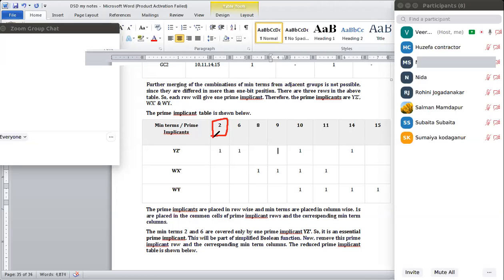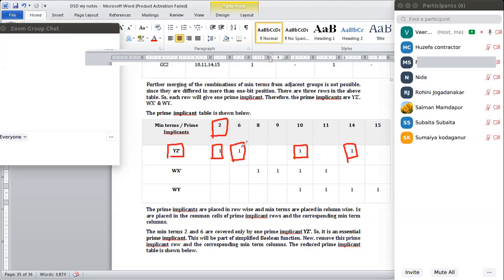2 is there. The value of 2 for this prime implicant is 1, correct? For 6 also it is 1, and for 10 it is 1, and 14 it is 1.